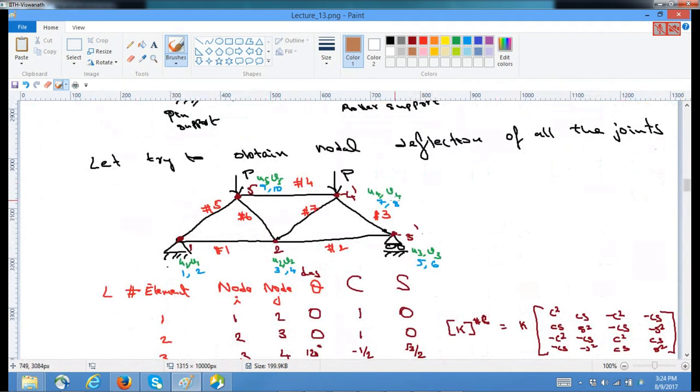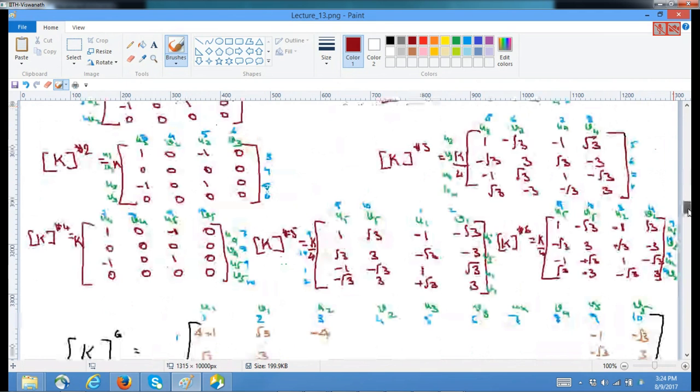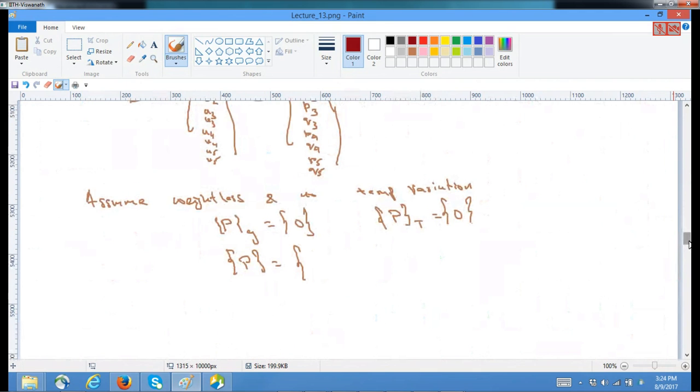In the negative direction with the P. So that means my q10 is equal to minus P, and q8 is equal to minus P. Other than that, all the p's and q's are zeros. So let me rewrite it. My external forces are all zeros. This is the external forces.